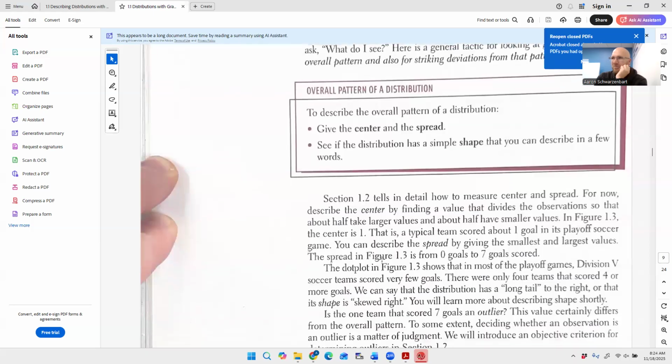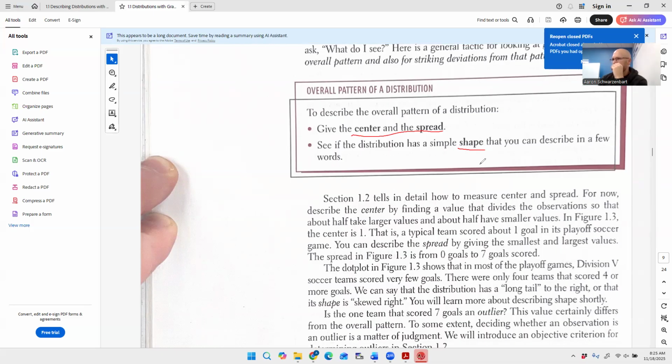What are we interested in? These are the interesting pieces of a distribution of data: the center, the spread, and the shape. We'll talk about shape. Center, measures of center: mean, median, mode.